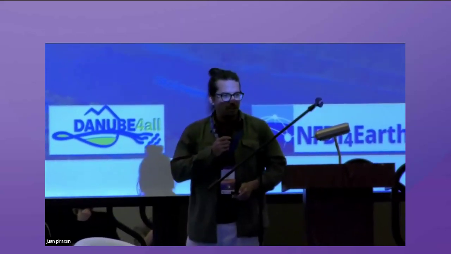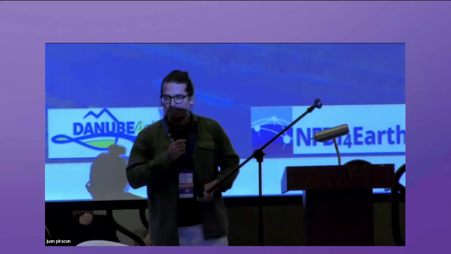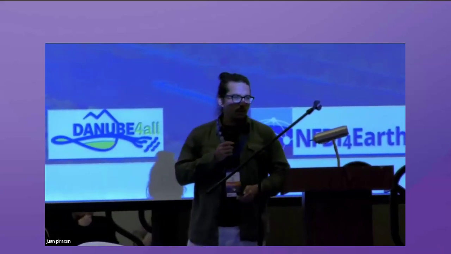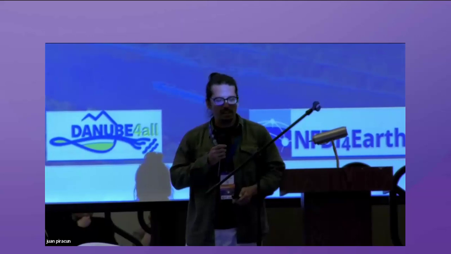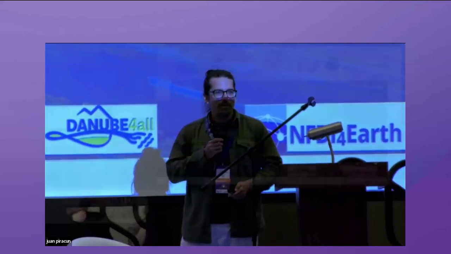I'm from the Leibniz Institute of Freshwater Ecology and Land Fisheries, as many of us in this session. And I will be presenting a database on fish species occurrences from the Danube River Basin.